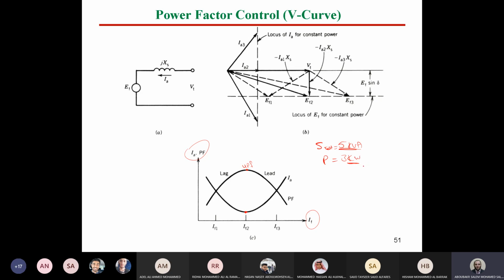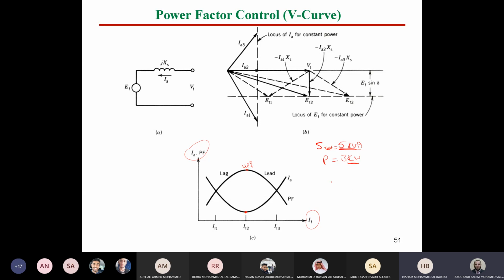Now, how much reactive power can the machine deliver to surrounding loads, in order to improve the overall power factor, but without overloading the machine, which means S has to be 5 kVA or lower, without increasing the value of 5 kVA. So how much reactive power can we deliver, guys?